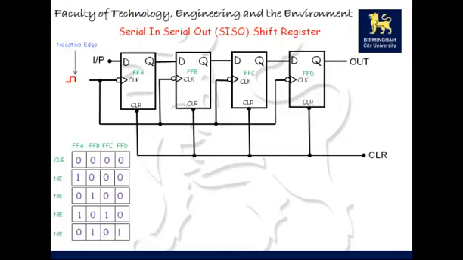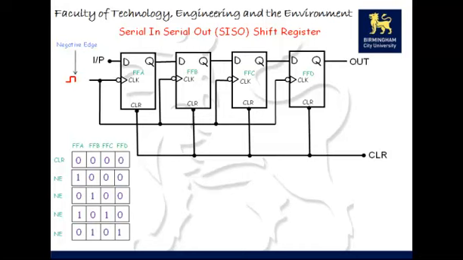Now, the way data is actually passed on this shift register is as follows. Initially, I hope you can all see on the bottom left of the screen I've got some tables of results. If we look at the first row, that's clearing all flip-flops, flip-flop A, flip-flop B, flip-flop C, flip-flop D. Clear them, so outputs are 0, 0, 0.